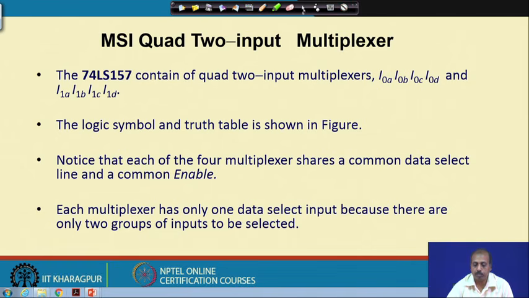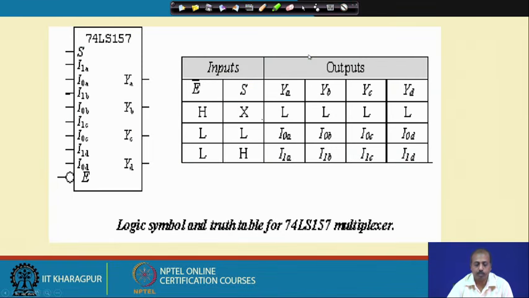For that we need to look into the corresponding truth table. This is the symbol that we have. There is a select line and an enable line. For this quad multiplexer to operate, the E line must be equal to 0; actually this is E bar. If E bar is high, then irrespective of the value of S, the select line, all the outputs are low.